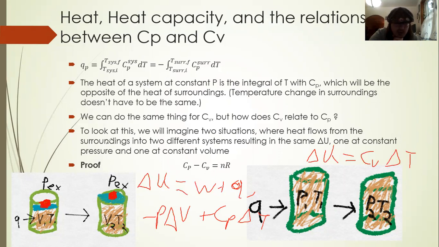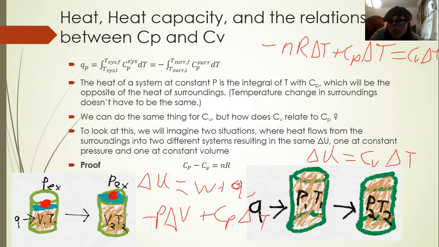So we can say that delta U is equal to negative nR delta T plus C_P delta T, and that's equal to C_V delta T. With that in mind, getting the C's on the same side, C_P minus C_V equals nR delta T. Dividing both sides by delta T, delta T drops out. C_P minus C_V equals nR.